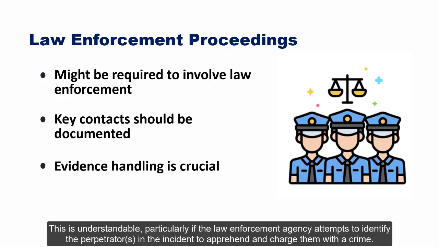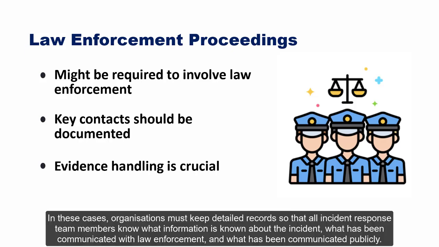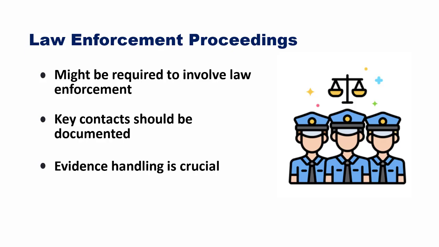This is understandable, particularly if the law enforcement agency attempts to identify the perpetrators in the incident to apprehend and charge them with a crime. In these cases, organizations must keep detailed records so that all incident response team members know what information is known about the incident, what has been communicated with law enforcement, and what has been communicated publicly.